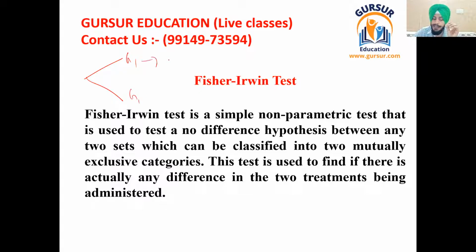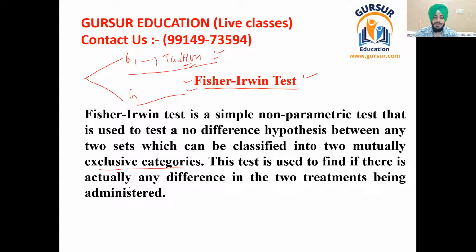To group 1 you give a special kind of tuition classes, and you try to find if there is any difference between the marks of the students who are having the tuition classes and the marks of the students who are not having any kind of coaching or tuition classes. These are mutually exclusive categories, and this test is applied to these kinds of categories.